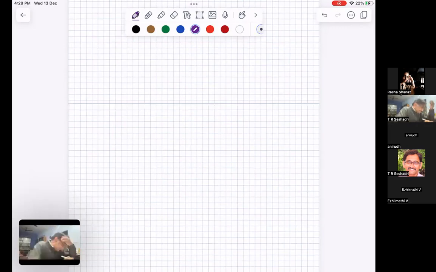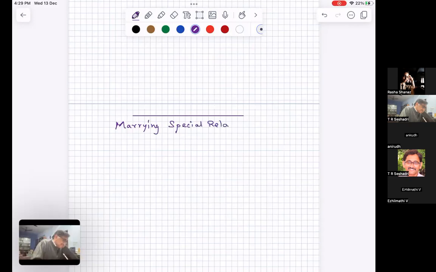Rather than saying anything else, I will say: marrying special relativity to Newtonian gravity. This is the simplest extension you may try to do. And I will tell you why it fails.